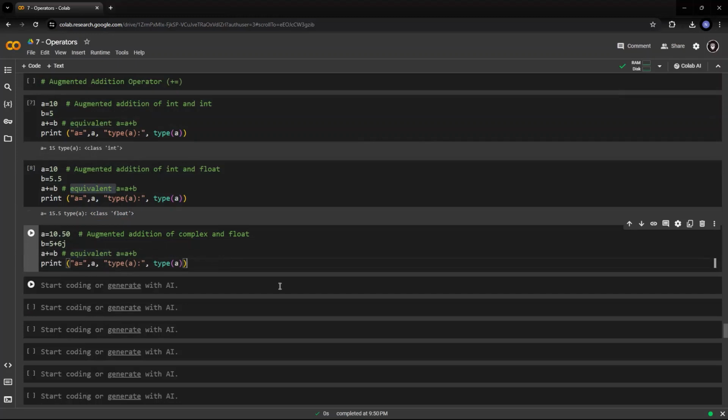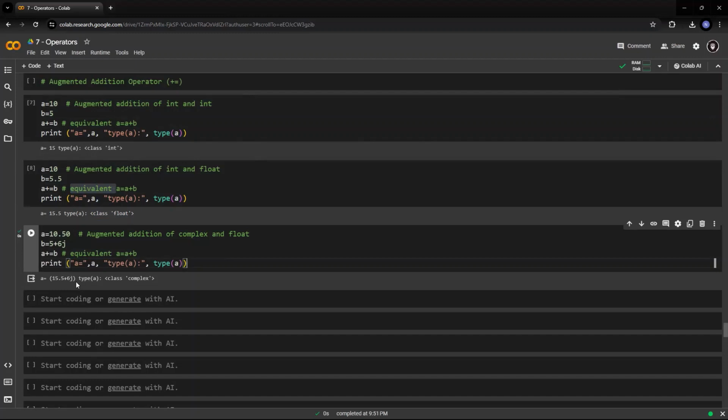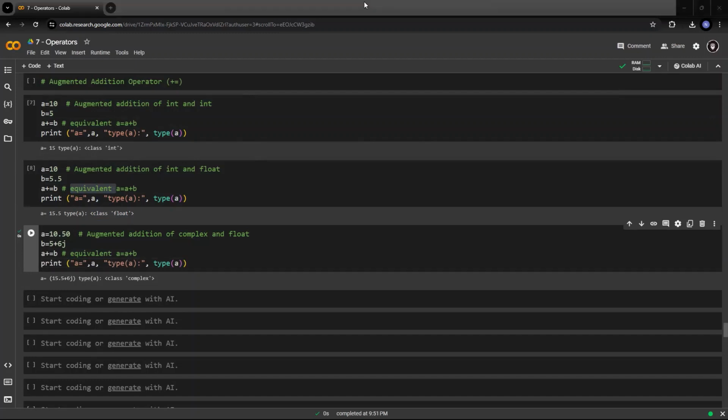Let's see how it works. You can see it has added up this complex number. So this is how the output takes place in augmented addition.